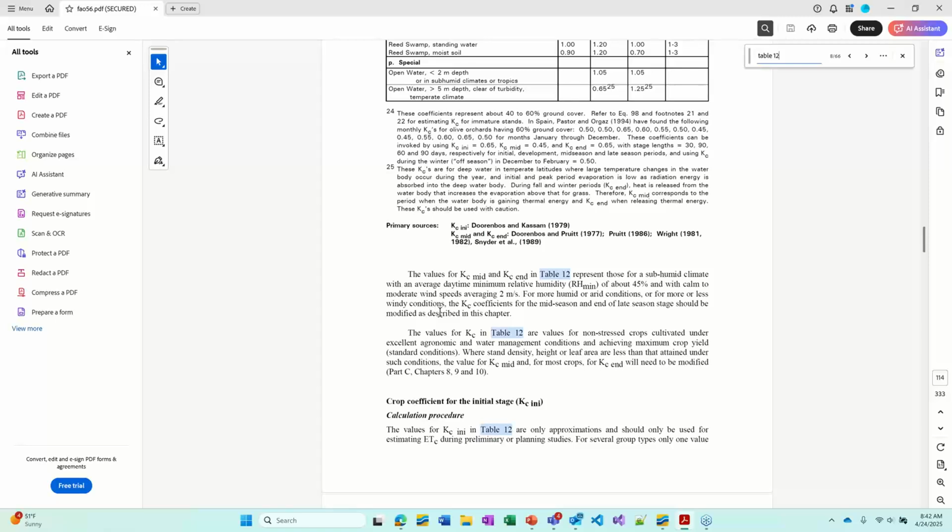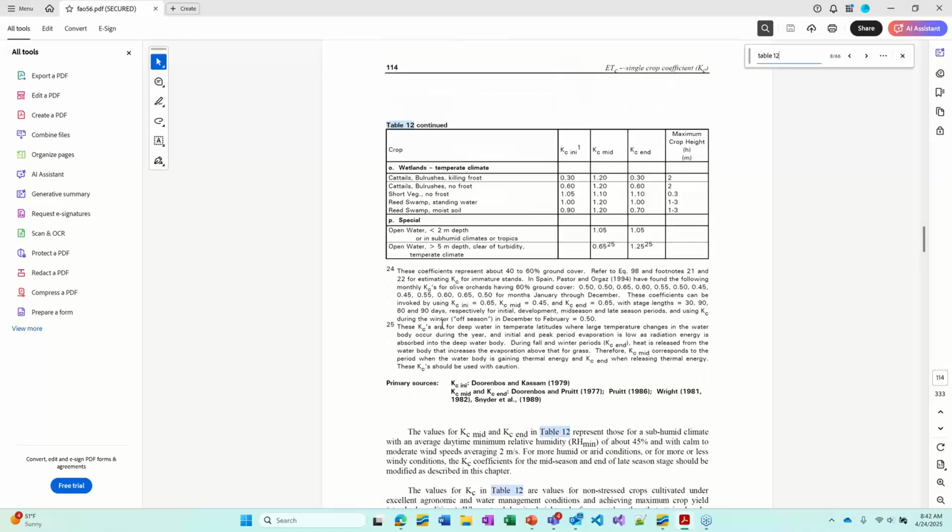Well, that's a good question, and I don't know the answer to it. But I would imagine that if it's just bare soil and it's pretty dry, that you might not have a lot of ET, actually. I wonder.